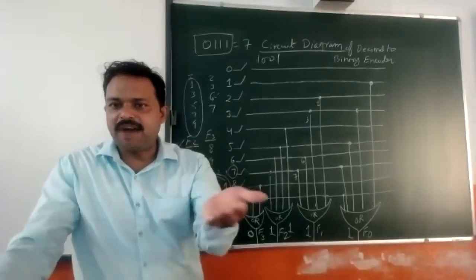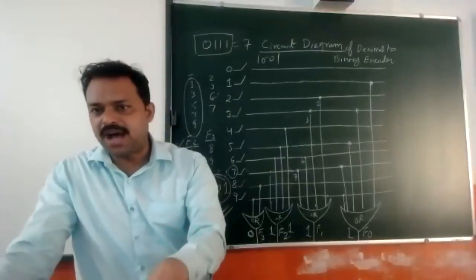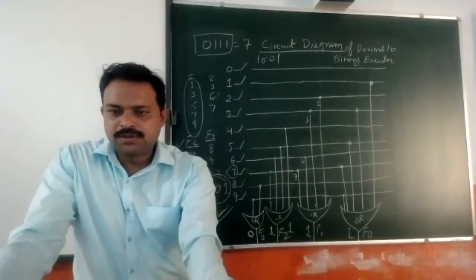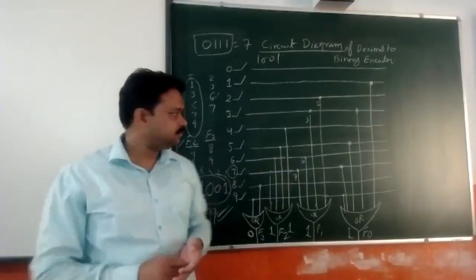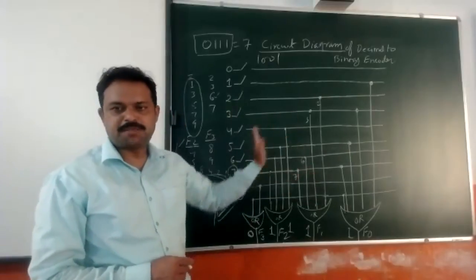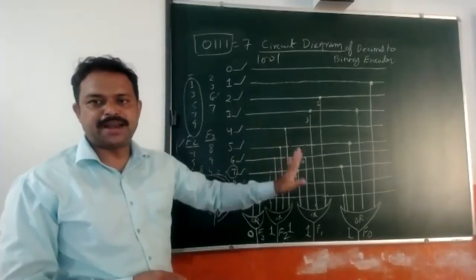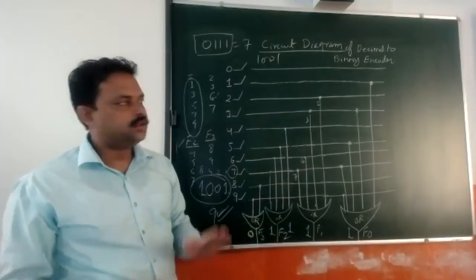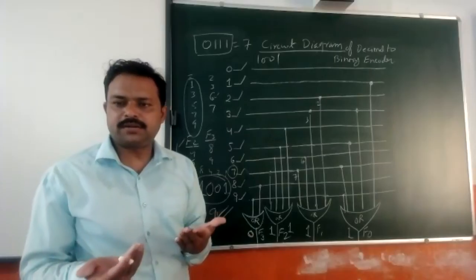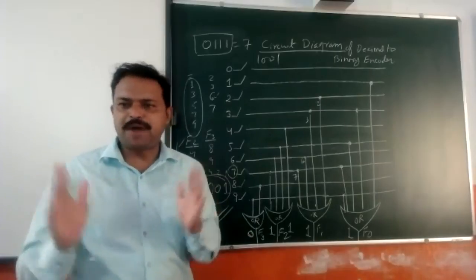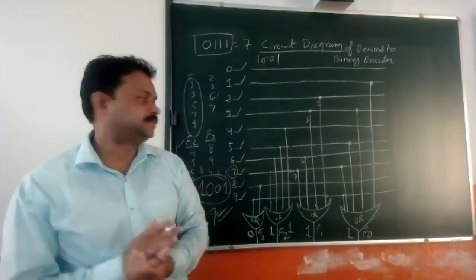The examiner may ask half adder, full adder, or encoder. So one question is fixed from this topic. This part is over. Decimal to binary encoder, nothing else is there. Maybe in the next class I will discuss octal to binary encoder. Hexadecimal you can do by yourself.